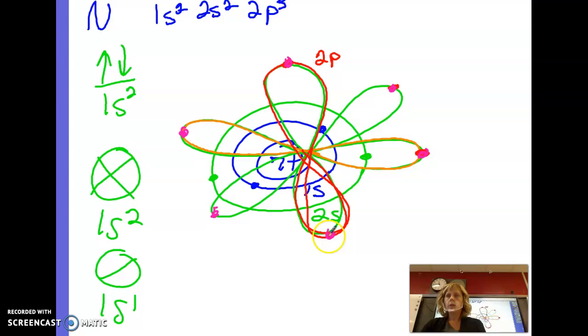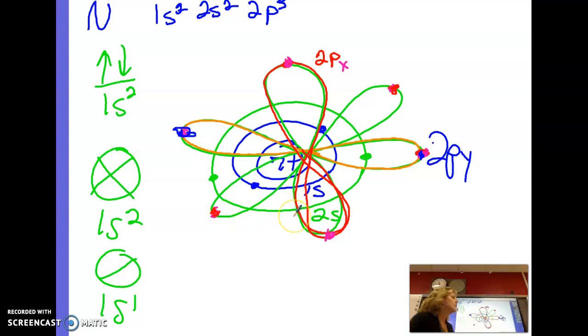So here's 1, and here's 2 in this one, and we might call this the 2px orbital. Then I'm going to change colors. Maybe I have another 1 electron here. Sorry, writing with my mouse, it's bad. 1 electron here. Maybe this is the 2py orbital. And then maybe this one, oopsie, right here. So here's an electron in this 2p sublevel.